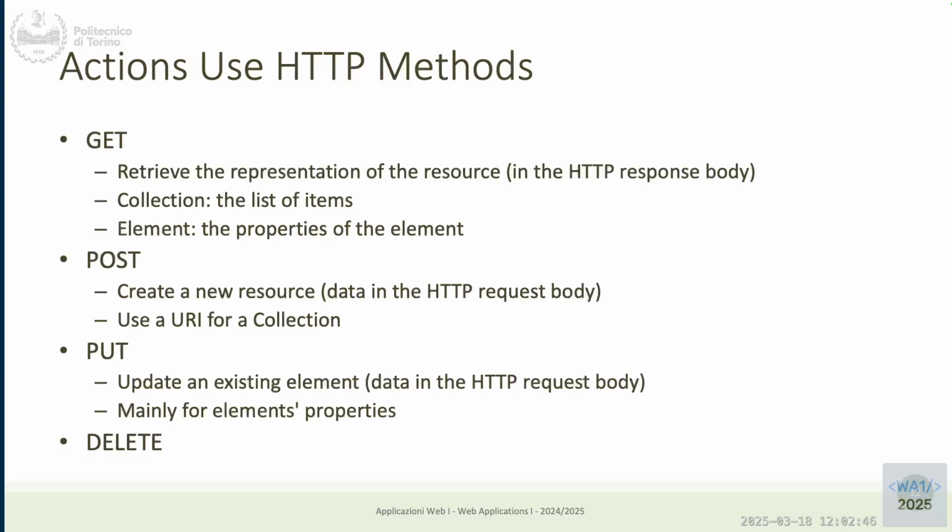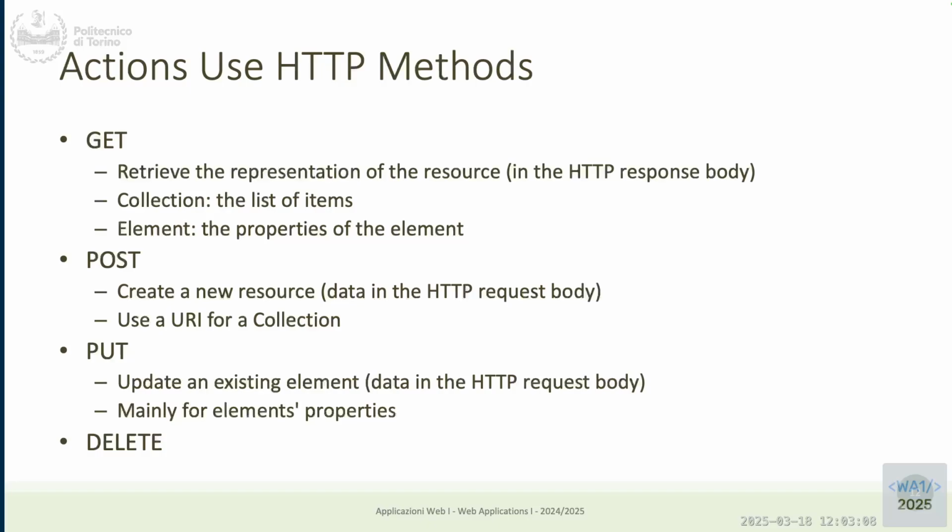So if I want to read the information about a given question, I would have a get that receives as an argument the URI that describes that specific question, and returns a JSON representation of the properties of that question, and so on.